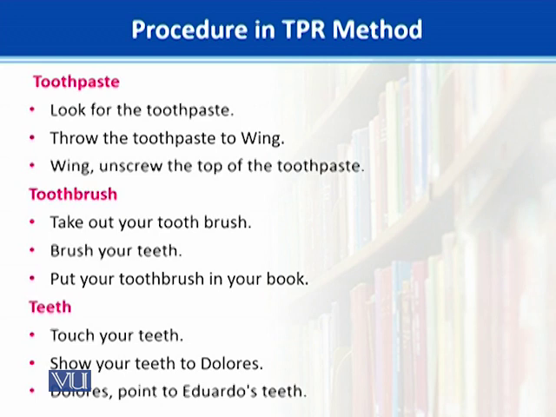In the same way, for toothbrush: take out your toothbrush, brush your teeth, put your toothbrush in your book. Whoever in the class is given the command through any of these imperatives would be expected to respond through a physical action. In the same way, for the linguistic item teeth: touch your teeth. Show your teeth to Dollars, point to Eduardo's teeth, etc.